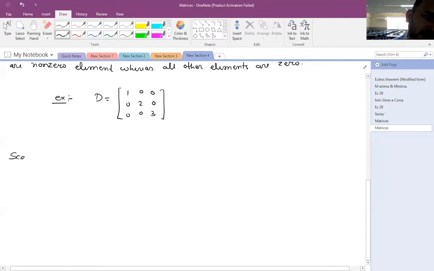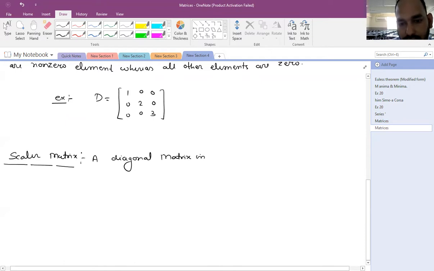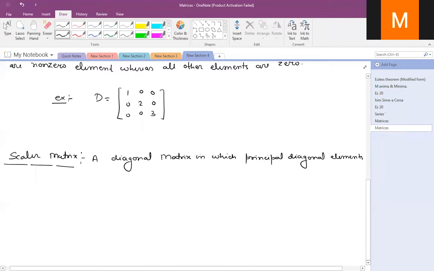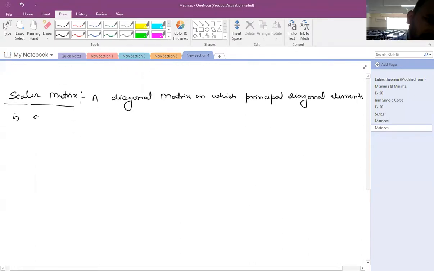Okay. Now scalar matrix. A diagonal matrix in which the principal diagonal elements are the same non-zero element.